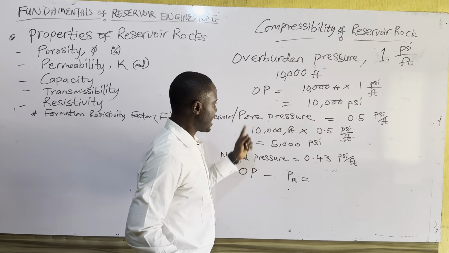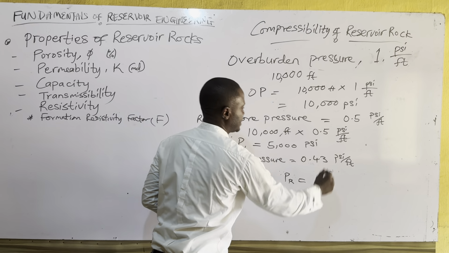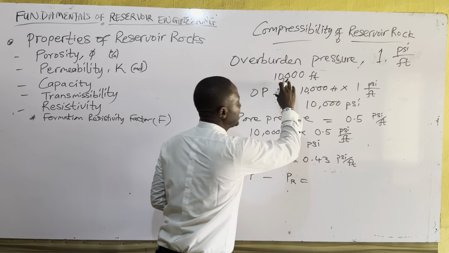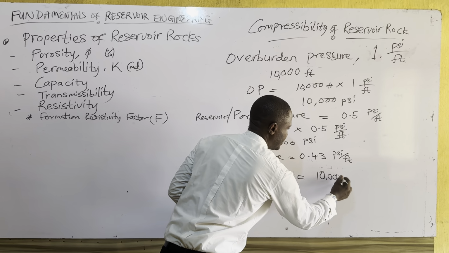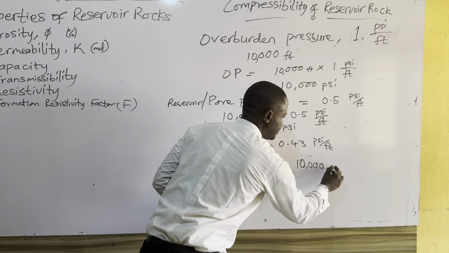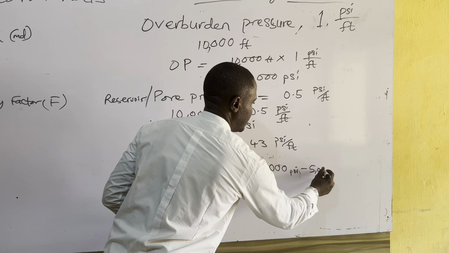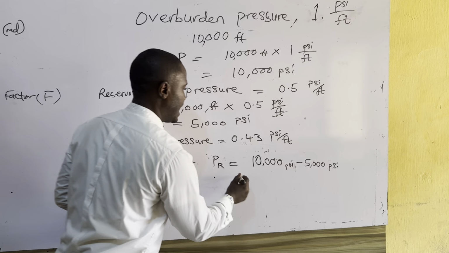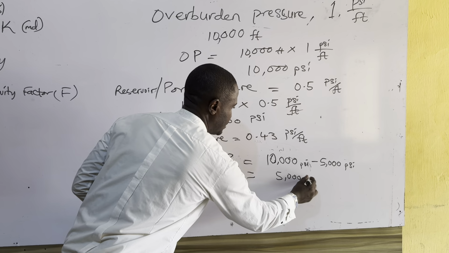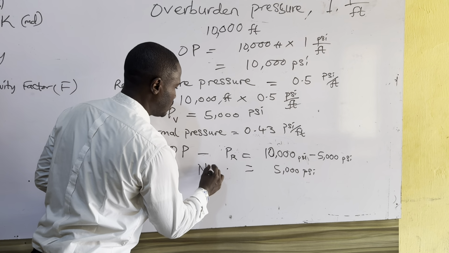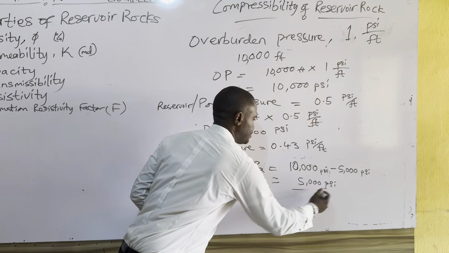If you subtract this, for this scenario, at 10,000 feet our overburden is 10,000 psi minus the pore pressure of 5,000 psi. There is a difference of 5,000 psi. This difference is called our net overburden pressure, NOBP.